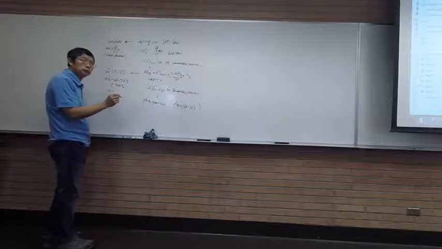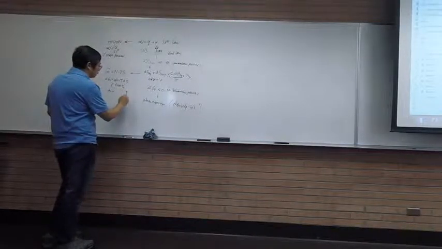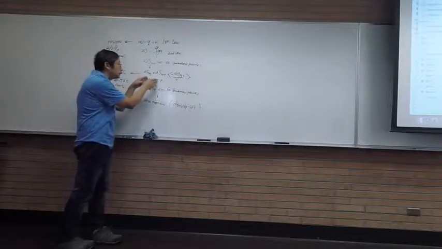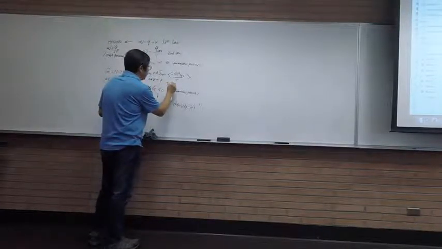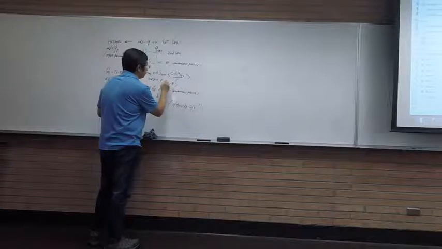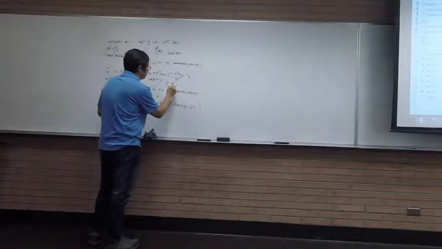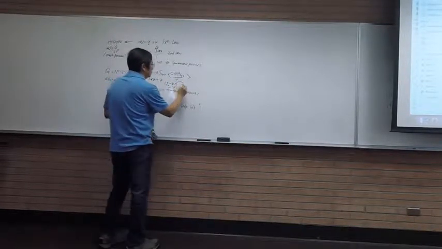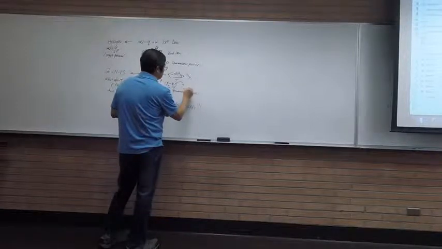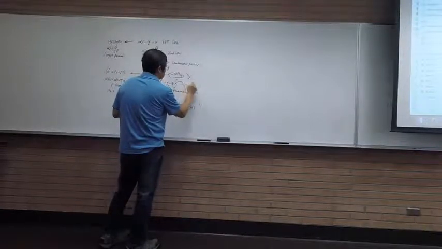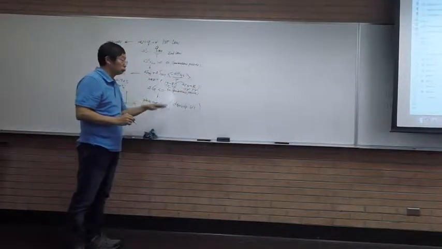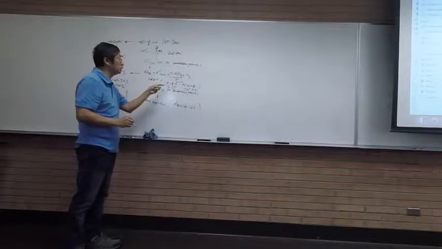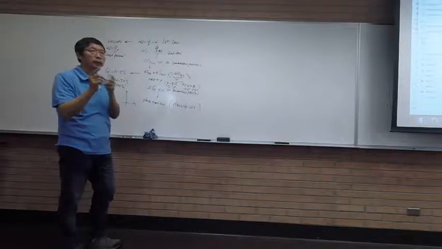So if you remember the phase diagram, the constant temperature and pressure means the process in the beginning and end has to be at the same temperature and pressure.